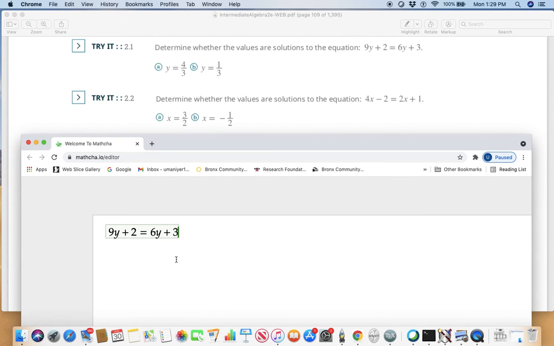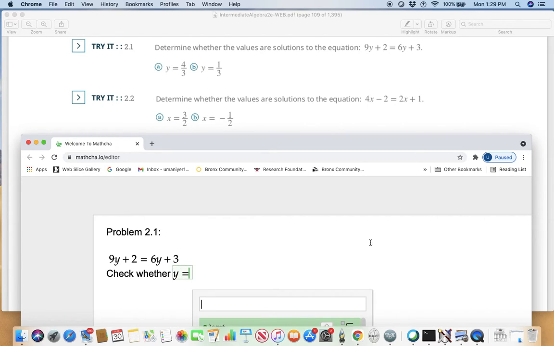All right. So this is problem 2.1, correct? So you want to check whether 4/3 is a solution.